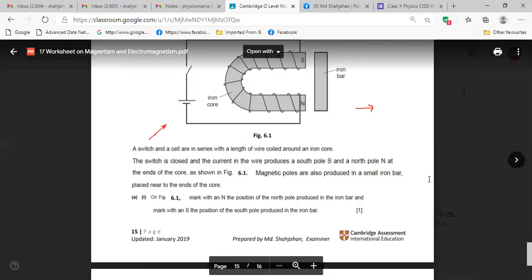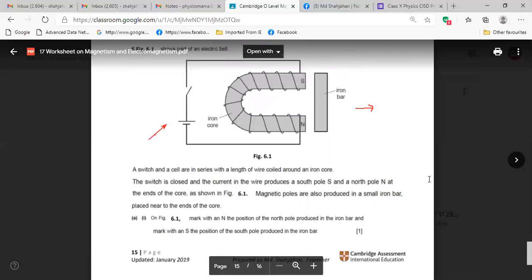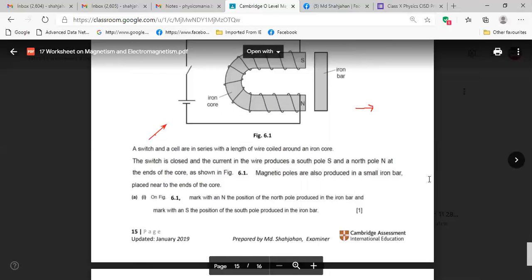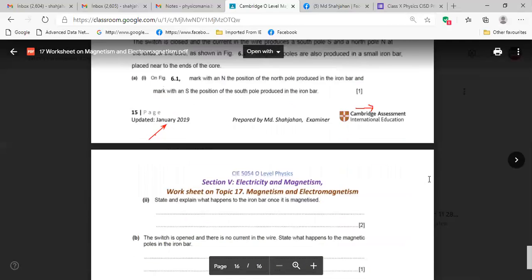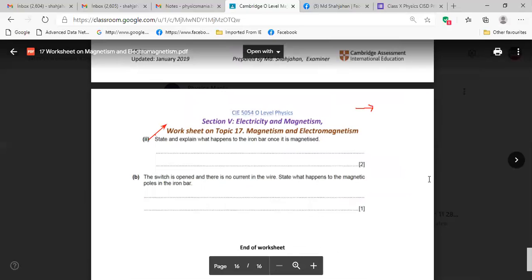On figure 6.1, mark with an N the north pole and with an S the position of the south pole produced in the iron bar. So where will be your south pole? Where will be your north pole? You understand, right? Yes, sir. The upper part of the iron bar will be north, and the lower part will be south. So this one is done. Then next, continue.